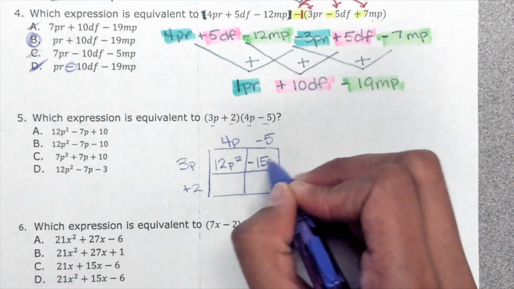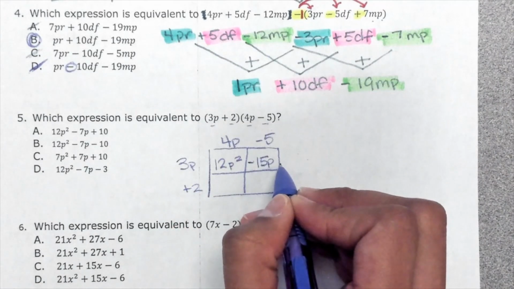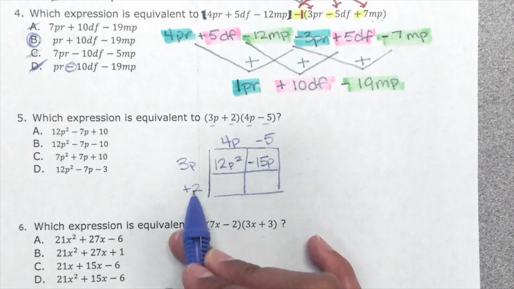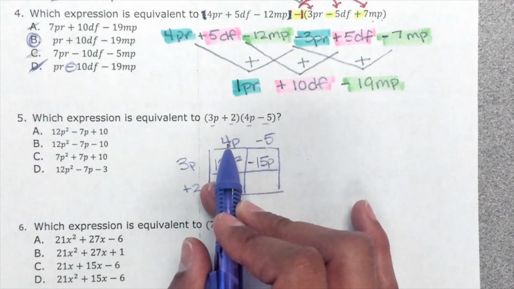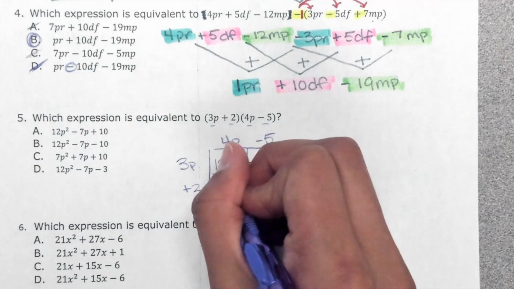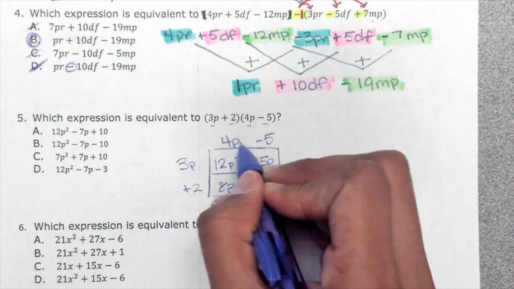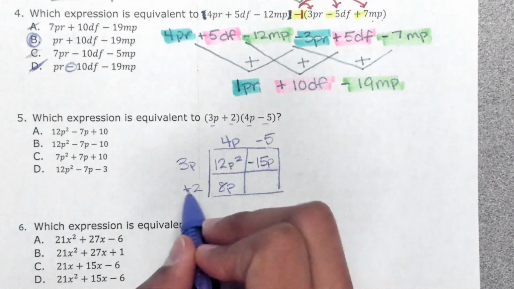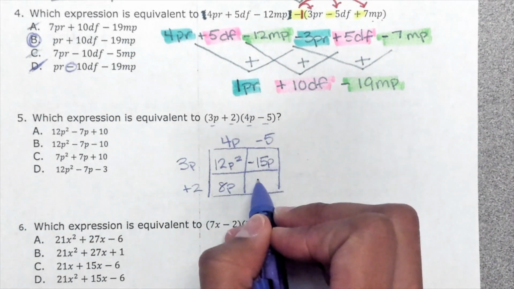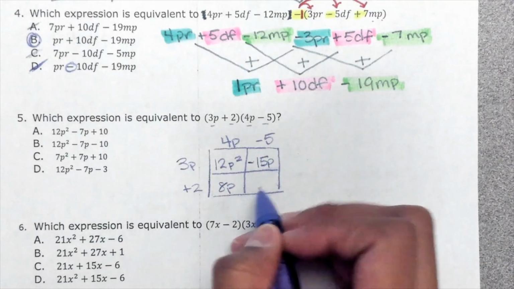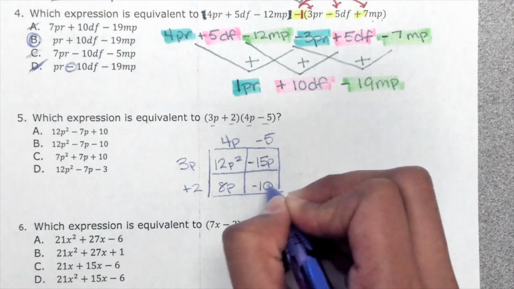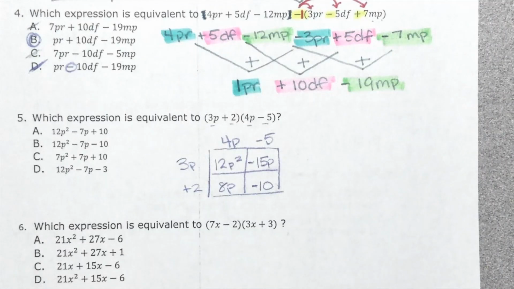P, we're going to bring that one P variable with us over here. Moving down, 2 times positive 4 is a positive 8 P. We're going to bring that P variable. Last two numbers, 2 times negative 5 is going to give me negative 10 in this last box.